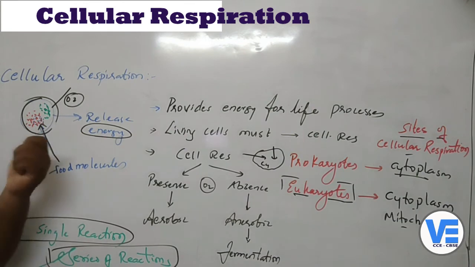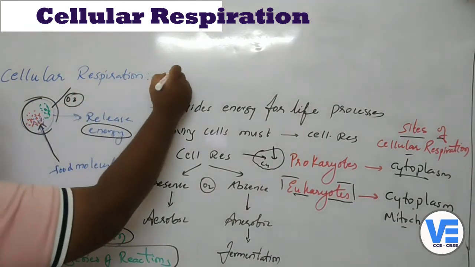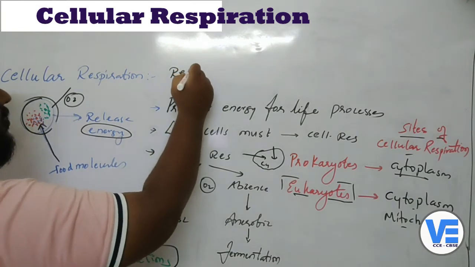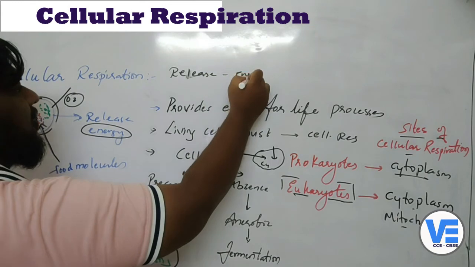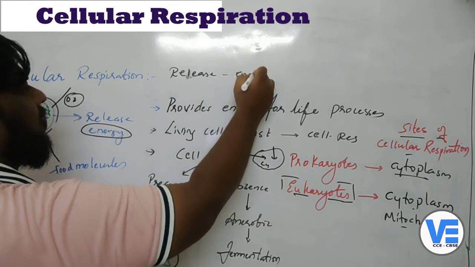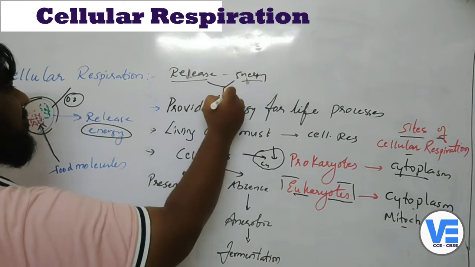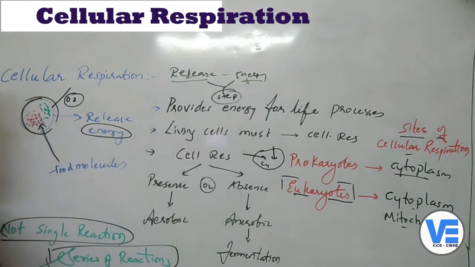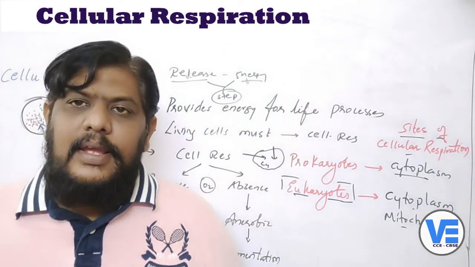The release of energy doesn't take place in a single step, but it requires a series of reactions. That is what we are going to talk about in the cellular respiration.